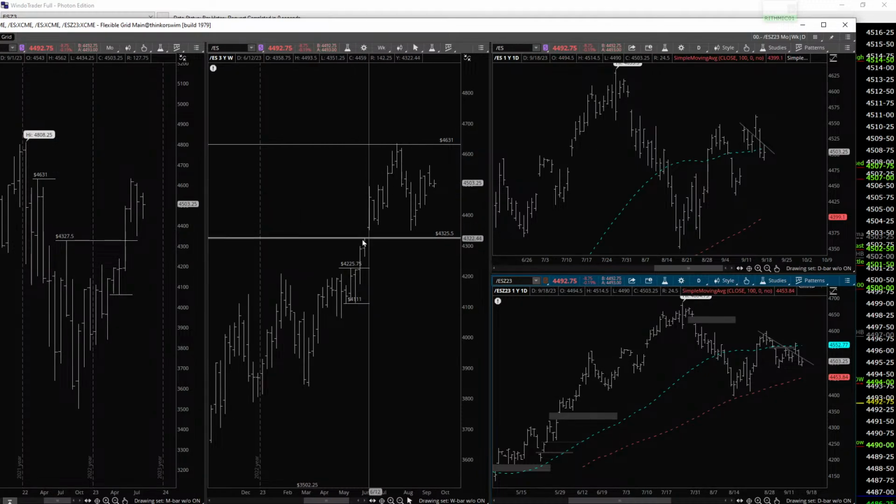This is the monthly, weekly, and daily here. I have two dailies here. This is the average daily, and this is the current contract.